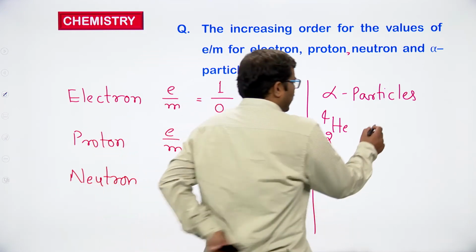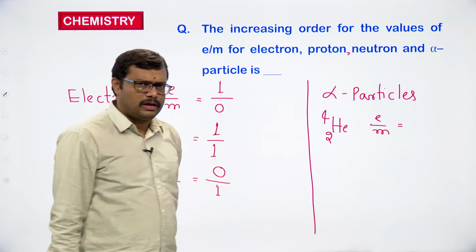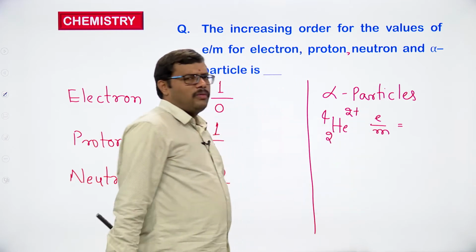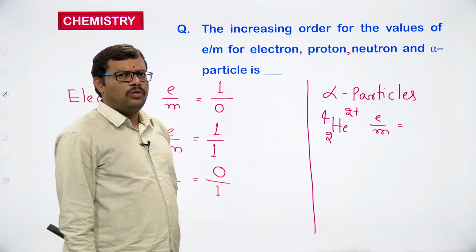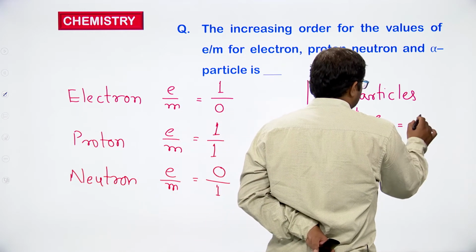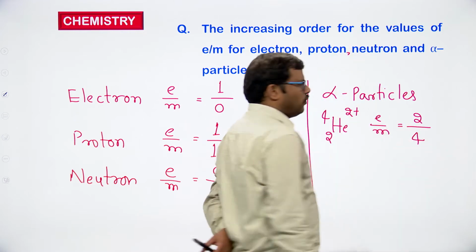So E by m value for alpha particle, that is helium nucleus. Alpha particle means helium with 2 positive charges. So for helium, the charge is 2 and mass is 4.